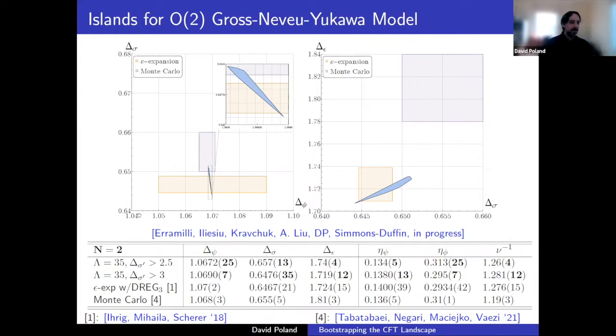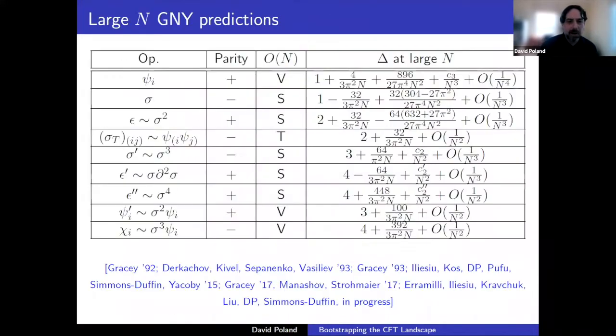It's like the sigma cubed operator. For most of our computations, we assumed a gap of 3, that it was irrelevant, which is justified by the large n calculations, which show that its scaling dimension is 3 plus positive 1 over n corrections. So it's at least true at large n.